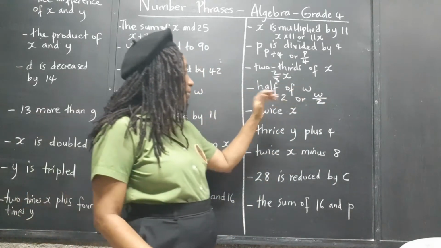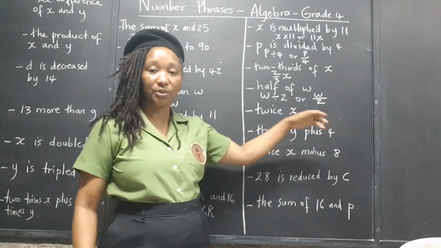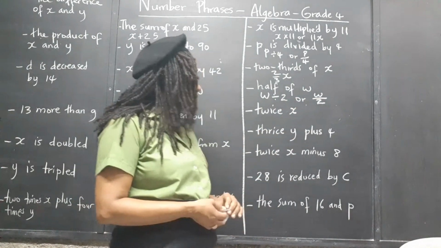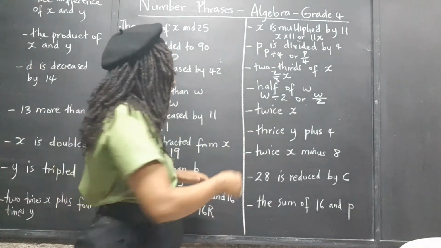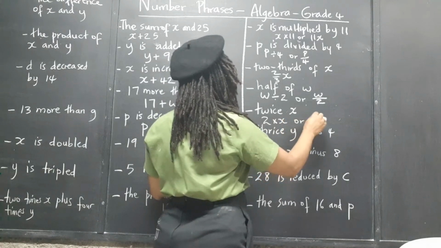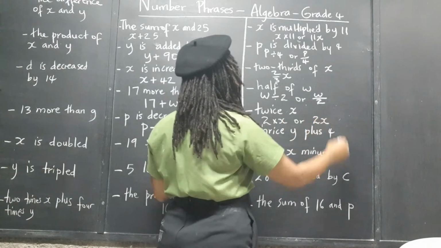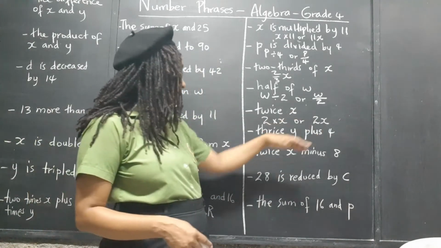Half of w, w divided by 2, w over 2, same thing. Twice x. Twice means 2 times. So that would be 2 times x or 2x.